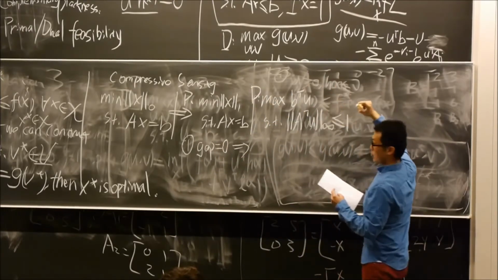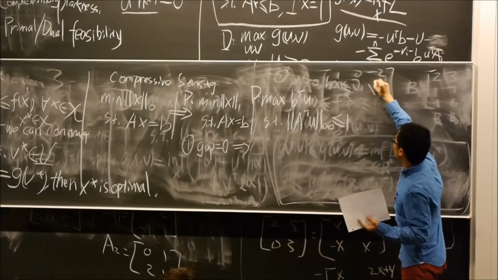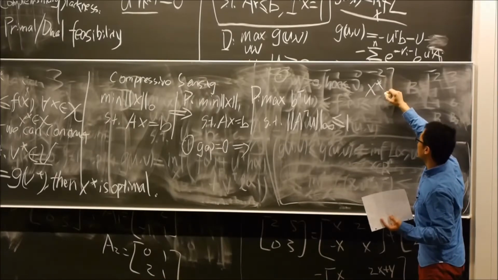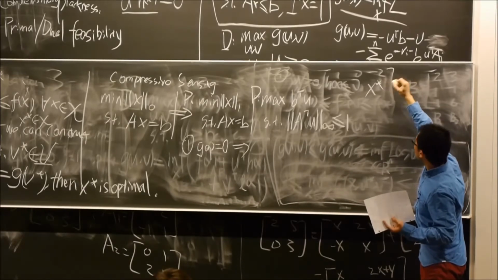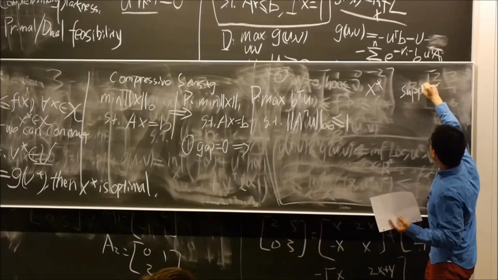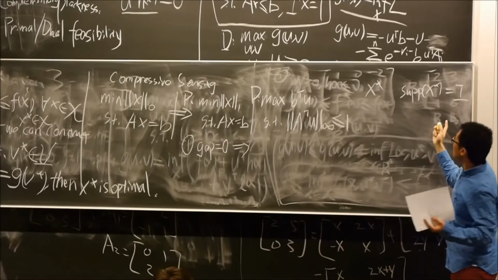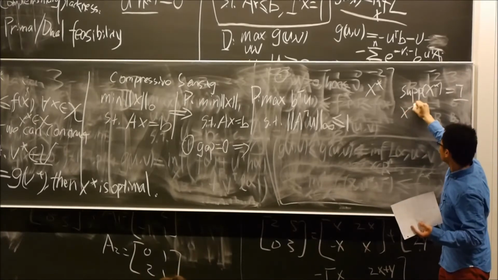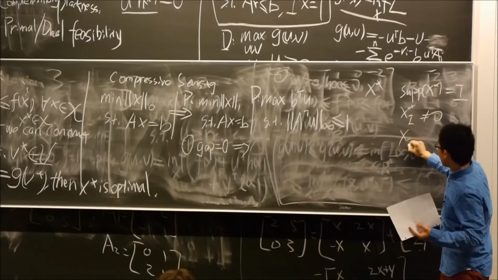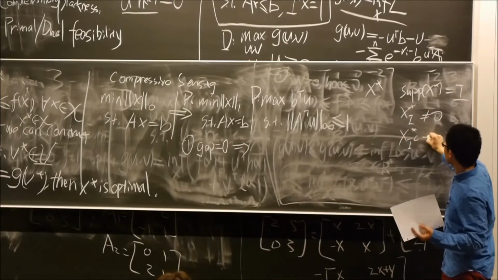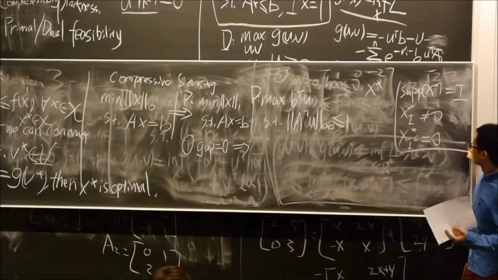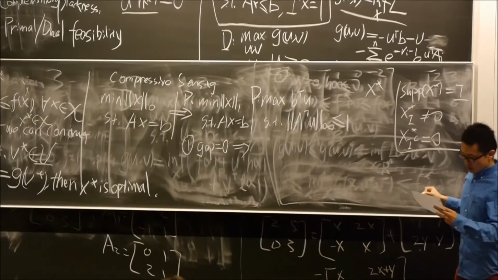Okay, before going to that, let's say we have a candidate solution x star, that is the original signal. This x star is supported on the indices set I, let's say. This means that x star I is non-zero, but x star I complement equals 0.